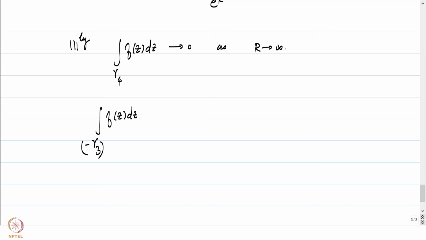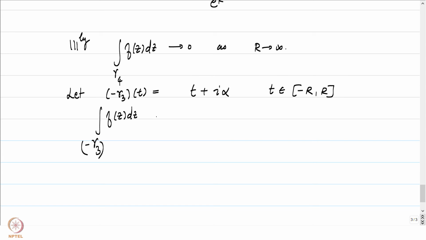We'll try to find out what this is. Let minus gamma 3 of t be a map from minus r plus i alpha to r plus i alpha. So let's define it to be t plus i alpha, where t belongs to [minus r, r].